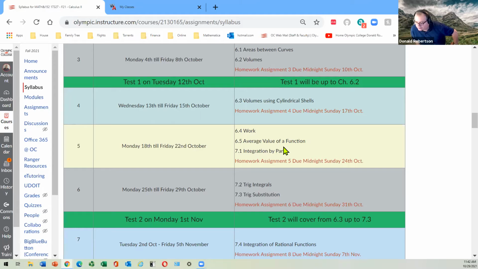Integration by parts, right? You're going to get a question from there. I may give you one of those questions where I don't ask you to do it, but I give you the question and I say, who is f of x and who is g of x. You know, the one where I asked you to pick. A bit like the u sub question. I might do that as part of it as well.